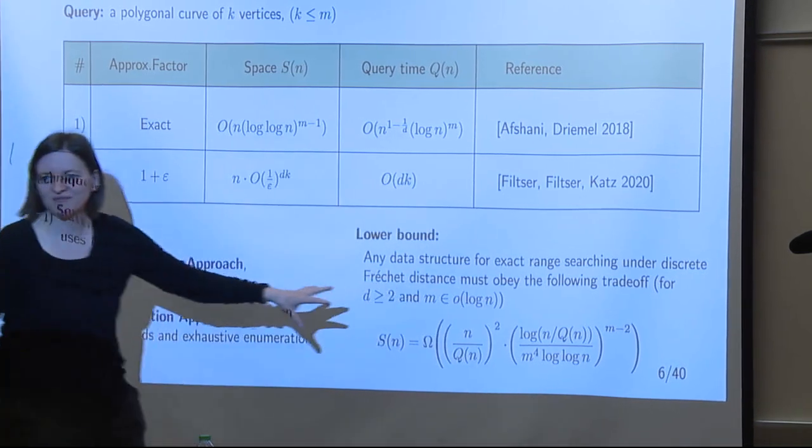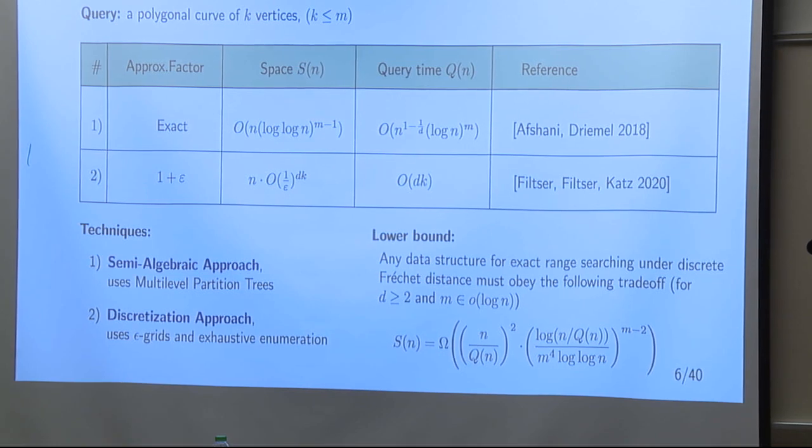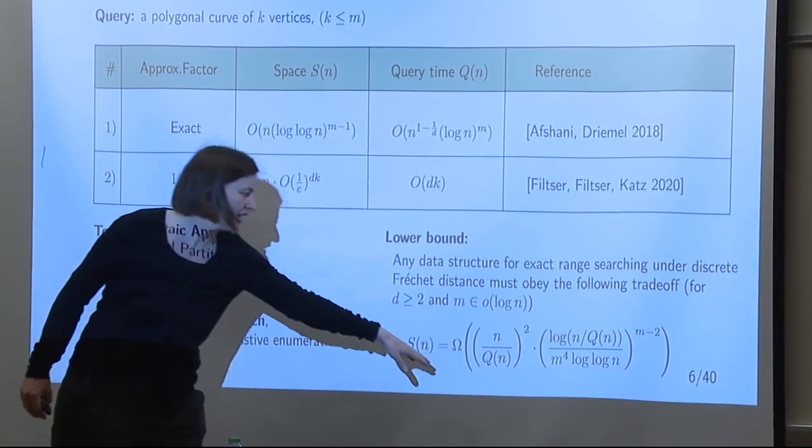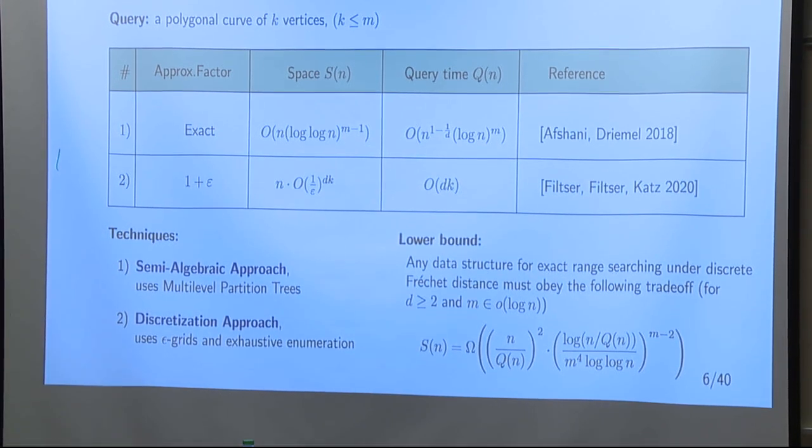It looks kind of big and scary and complicated, but if you plug in this query time here, you'll see that this space is actually optimal for d equals 2, I think. Now, I want to talk about these things, and then we'll also look at the continuous version.